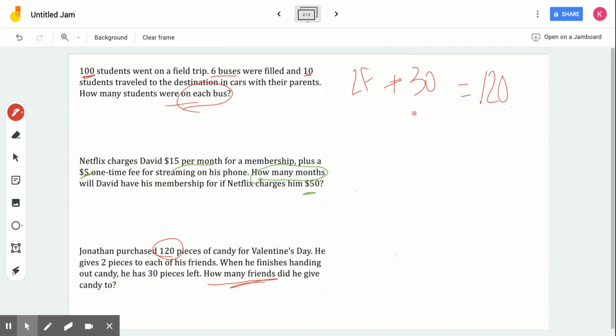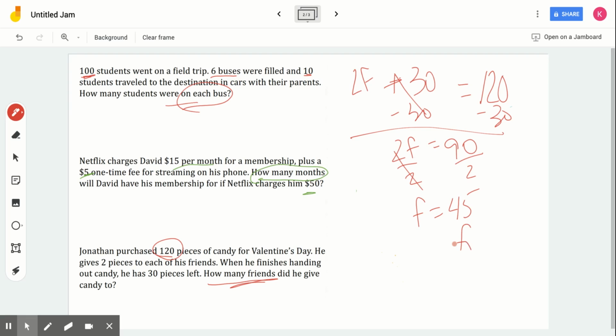So here again, we can go through and solve. The opposite of adding 30 is to subtract. So we have 2f equals 120 minus 30 is 90. Divide each side by 2, and we're left with 90 divided by 2 is 45. So we know that Jonathan has 45 friends.